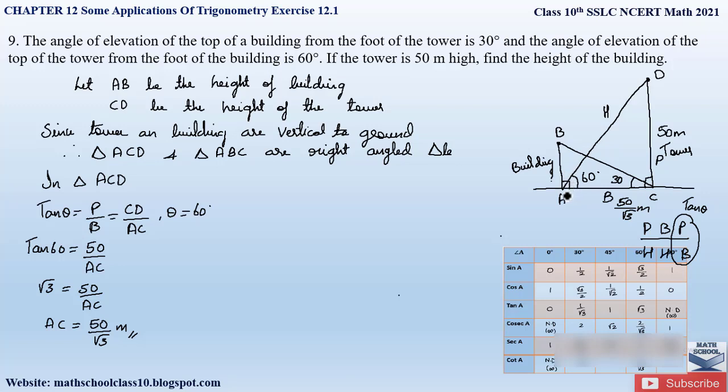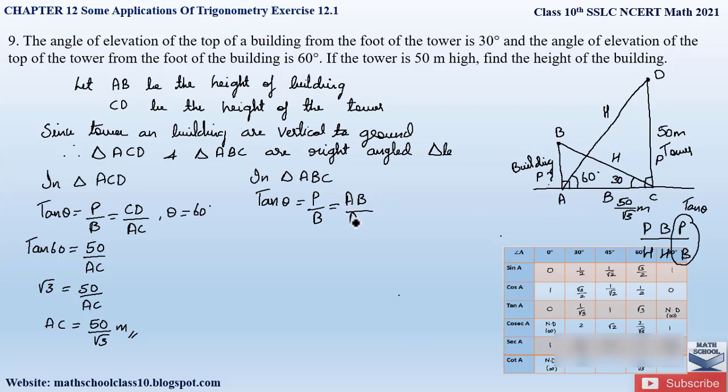Now let us consider triangle ABC. In triangle ABC, here we know the base value. Now we have to find out the height of the building or the side AB, which is the perpendicular side, and BC will be our hypotenuse. So perpendicular by base is again tan theta. Applying the tan trigonometric ratio in this triangle ABC, we get tan theta is equal to perpendicular by base, or our perpendicular is AB divided by base.